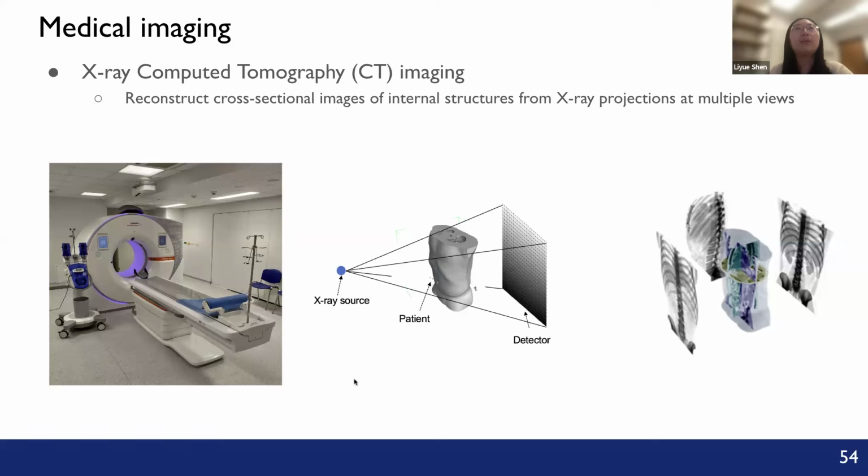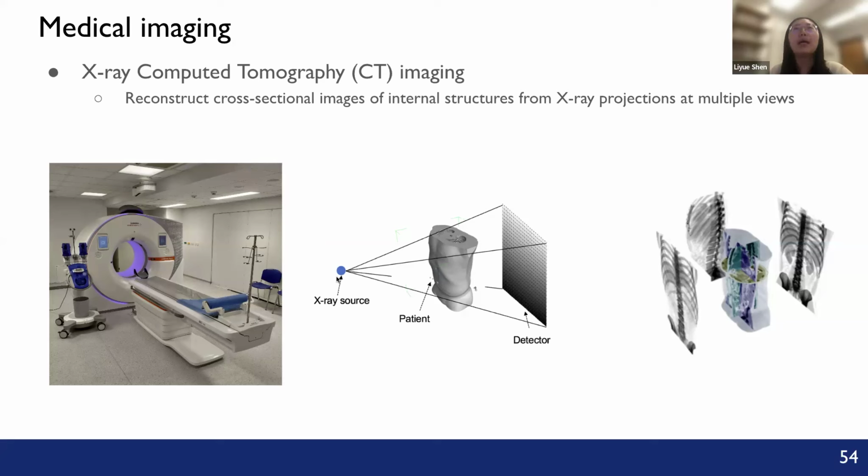So for medical imaging, there are different modalities, and I will just list two of them, which are very commonly used in clinical practice. The first one is X-ray computed tomography imaging, as shown in this kind of scanner.